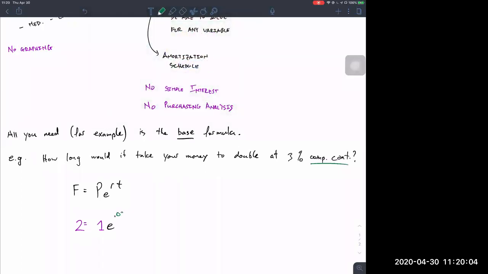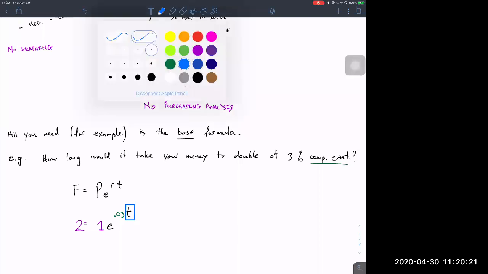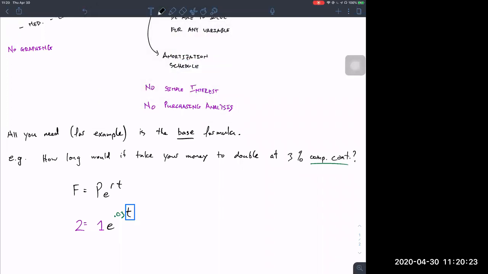Just 0.03. And the only variable you're looking for is this t. So t is what you're looking for. But we don't teach it this way because it's too demanding, especially for non-math students, to say, okay, go from here, remember your algebra so that you can get it to look like this. These are equivalent statements.